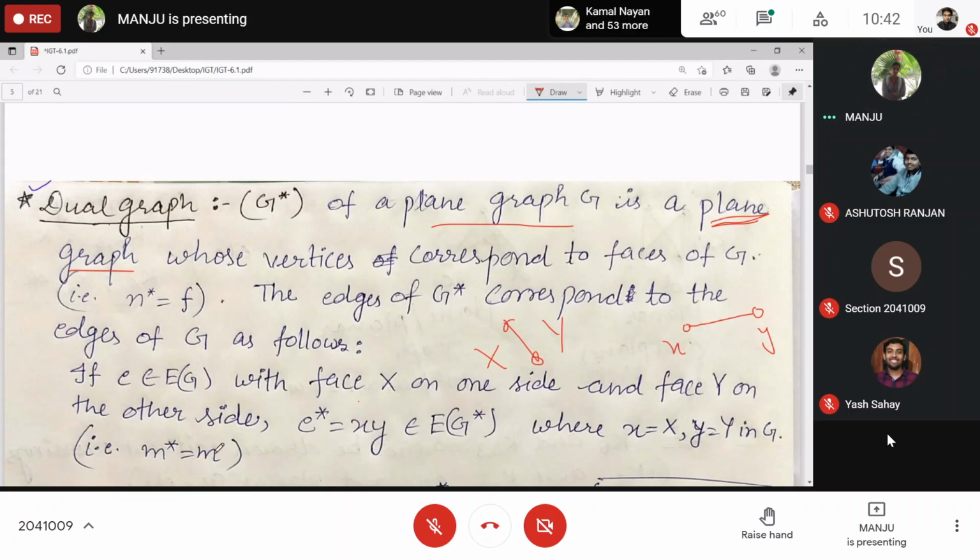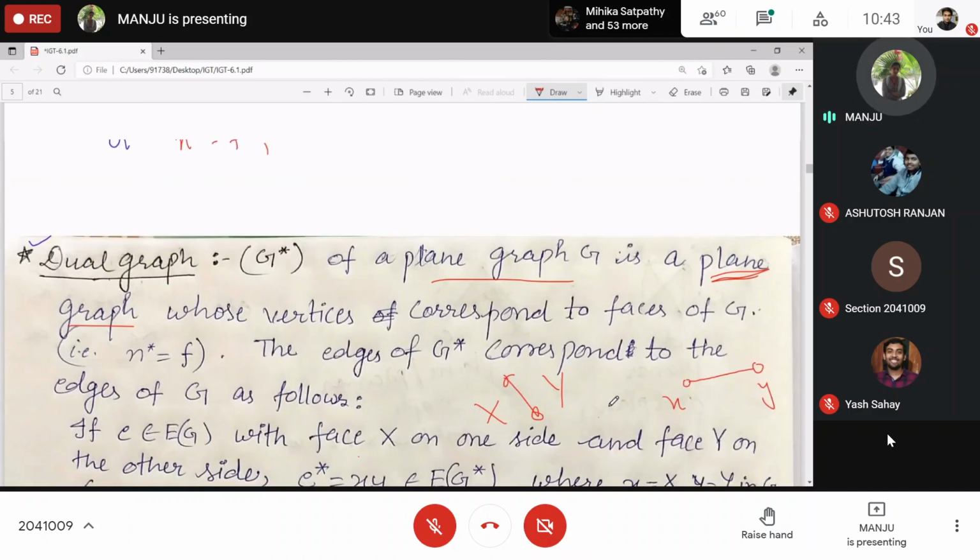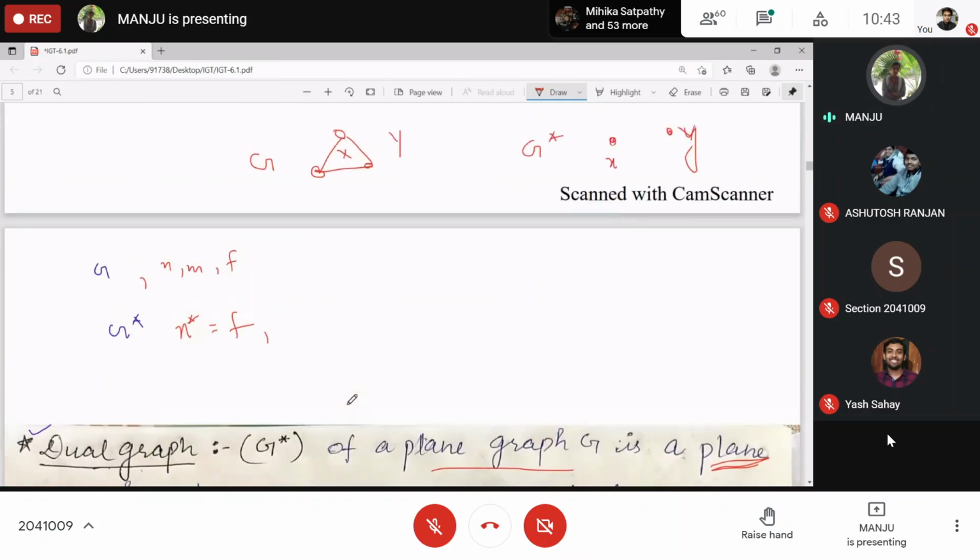Then e star will be XY, where X corresponds to face X and Y to face Y. Clear? You will always notice m star will be equal to m, and f star, the number of faces, will depend.